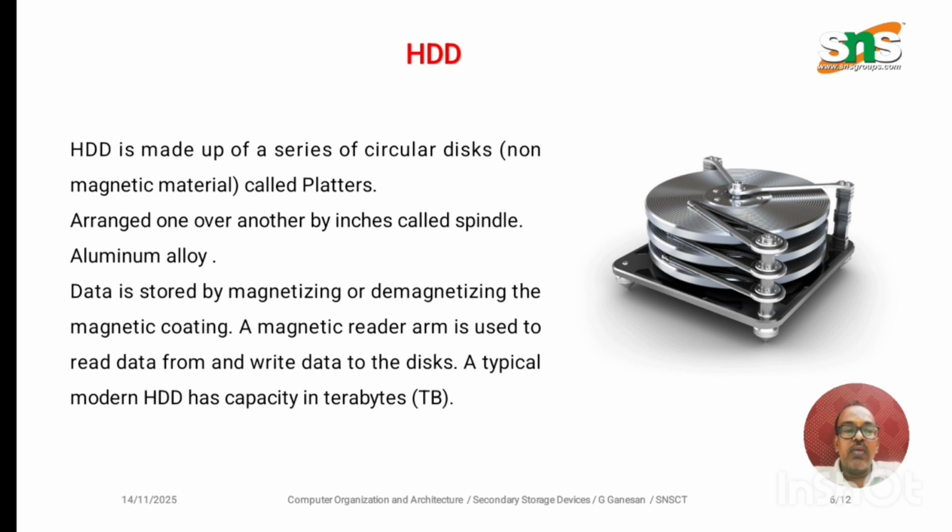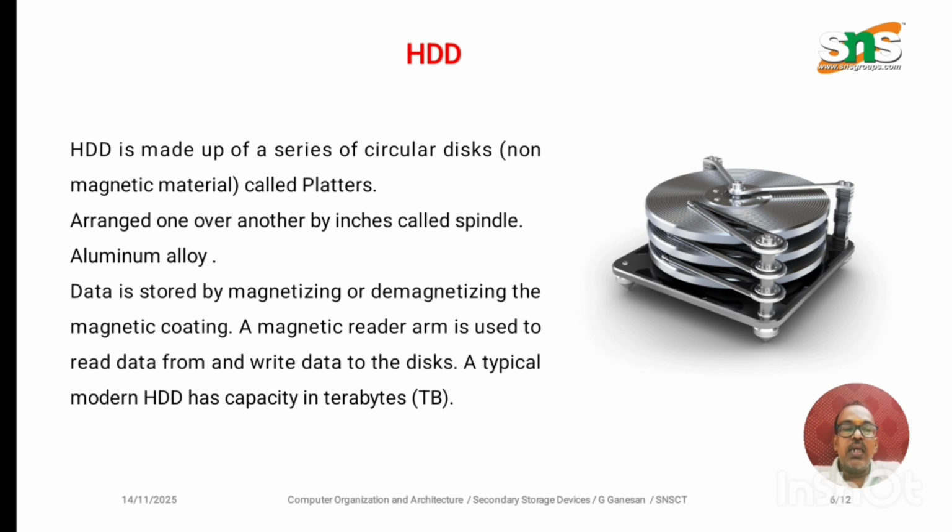We write the data on the circular disk. Suppose we want to write data to the hard disk. The data is written in the magnetic coating on the aluminum alloy. How to read the data?